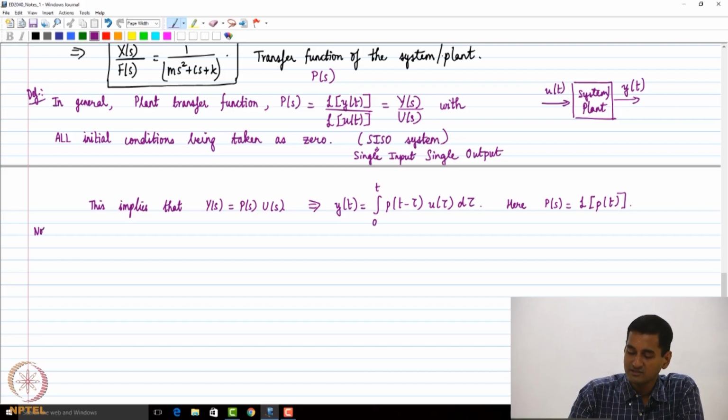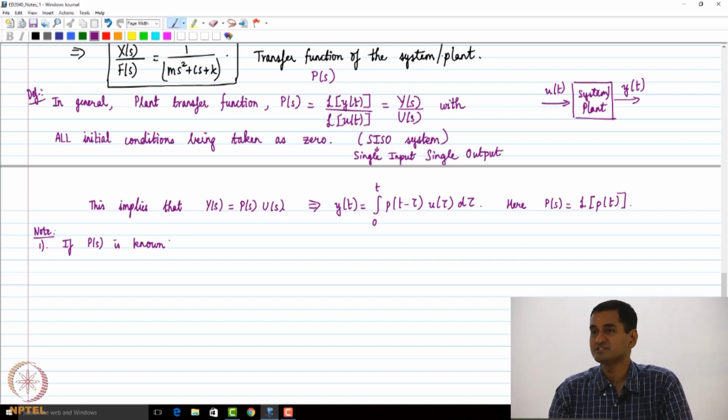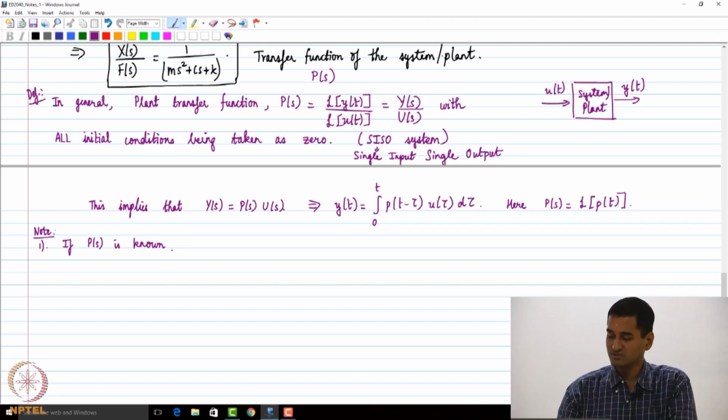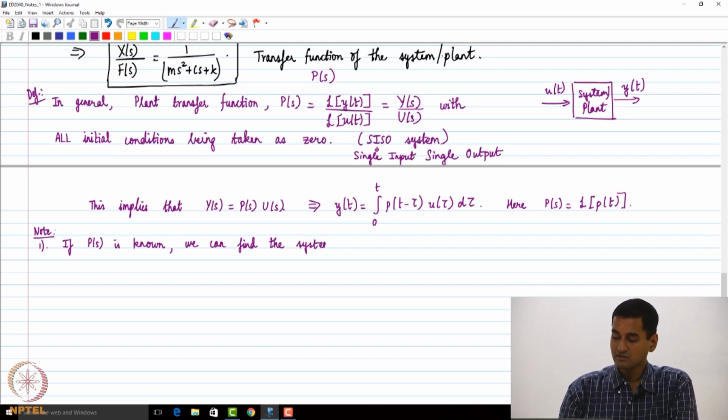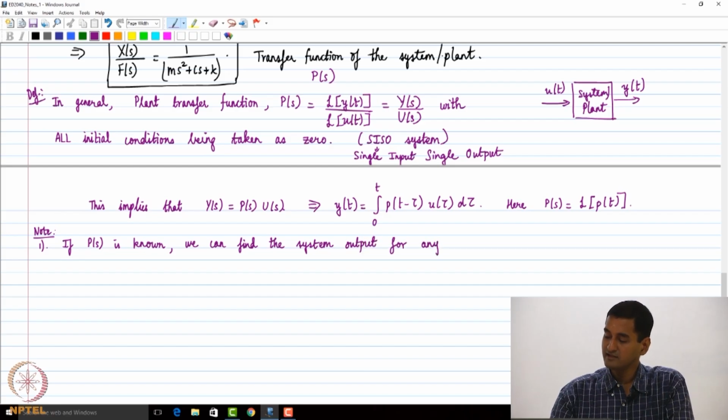So we can note certain points. What is the first point? If P of s is known, let's say we use physics to derive mathematical models and get the plant transfer function, then we can find the system output for any input.